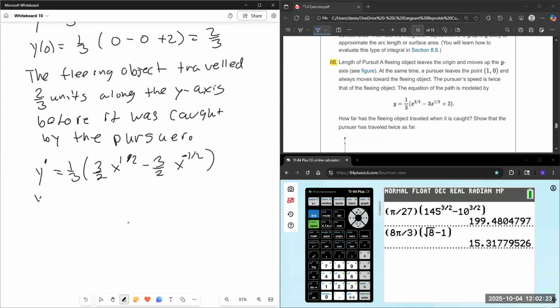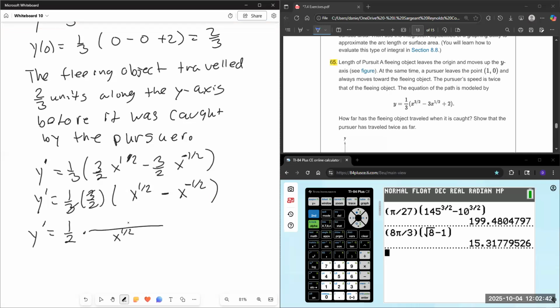So y prime is 1/3 times common factor 3/2 of x to the 1/2 minus x to the negative 1/2, and that's going to be 1/2 of, and I'm going to multiply by x to the 1/2 over x to the 1/2 to get rid of the negative exponent. So this is going to be x minus 1 over 2x to the 1/2 for my y prime.